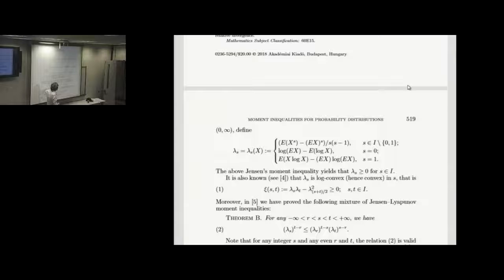This is the function C. And some other thing is that in some paper, you will see it afterwards, we wrote this mixture of Jensen-Lyapunov inequalities. It says that for any R, S, T in this direction, we have this inequality.